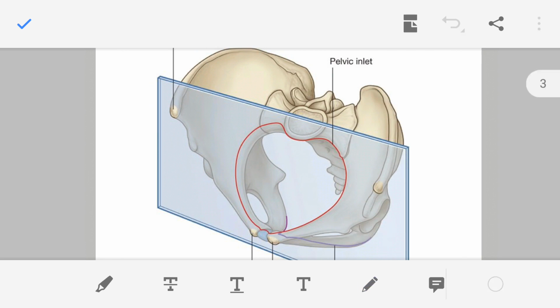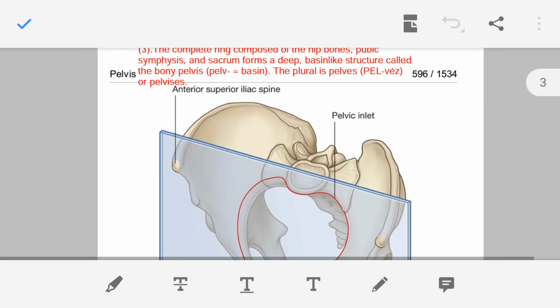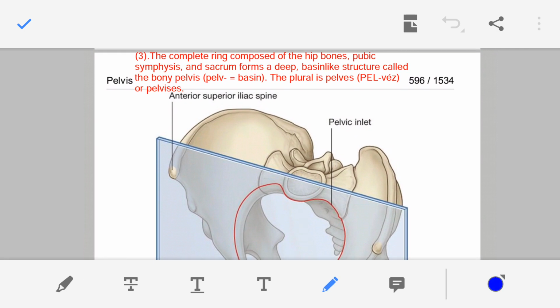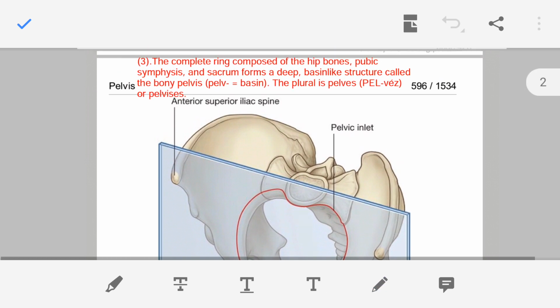So on your screen, the structure that you are observing right now is known as the bony pelvis. In the bony pelvis, hip bones are there, pubic symphysis is there, and sacrum is there. And the shape is the basin shape.